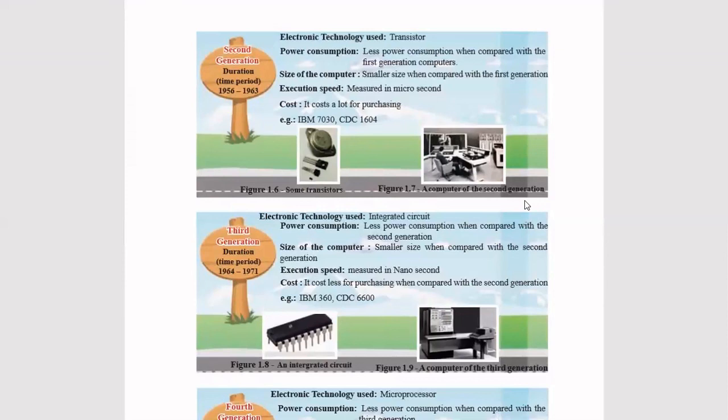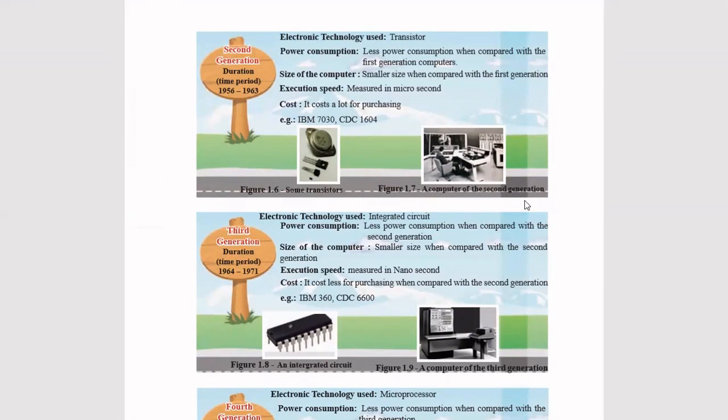First generation ones are bigger, then comes the second generation, with smaller size, and the execution speed increased, right? Because execution speed here was measured in microseconds. Earlier it was milliseconds, then it is microseconds. Still the cost is there, but compared to the first generation, it's a bit less.